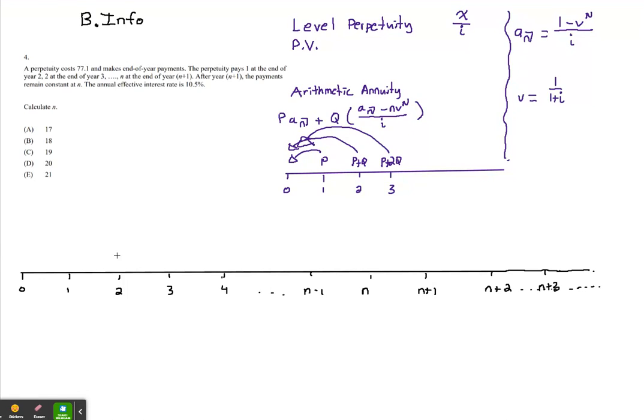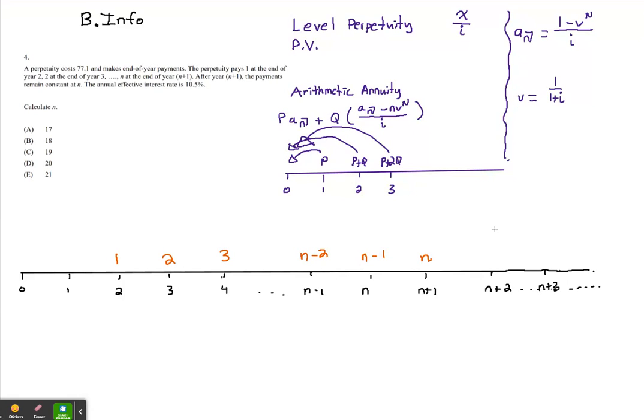You pay 1 right here, and then 2, and then 3. Then it says we go to n right here, and of course, this would be the pattern. And then after that, I'm going to do it above so we can differentiate it.